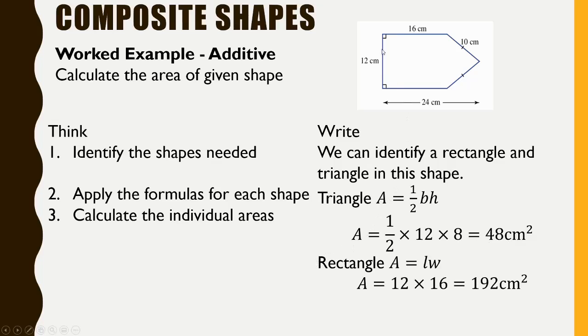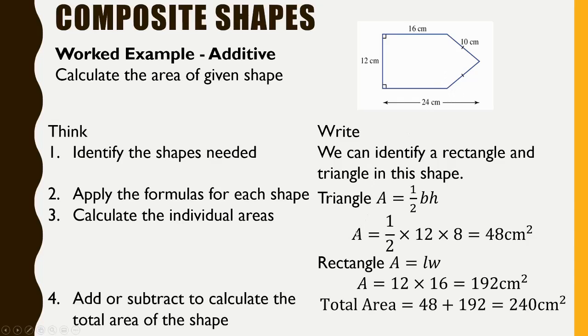And for the rectangle, that's nice and easy. We have 12 by 16, and that works out to be 192 centimeters squared. Because we're adding this rectangle to this triangle, we just add the two areas to work out our total area, which is 240 centimeters squared. And this is our workings for these types of questions.